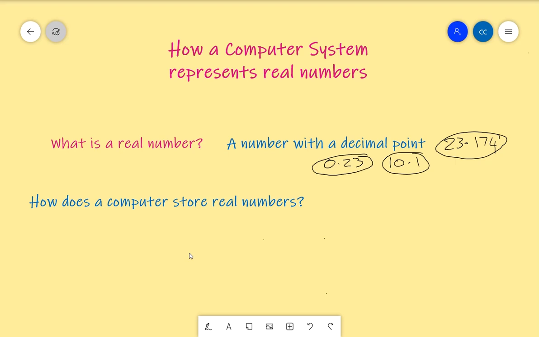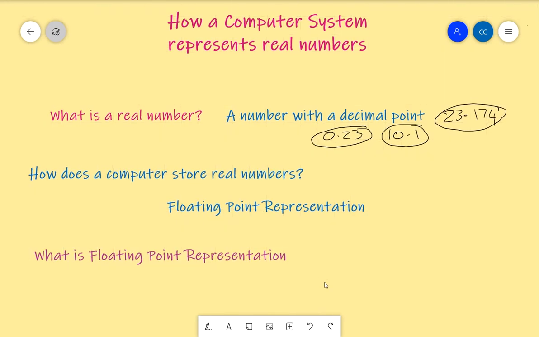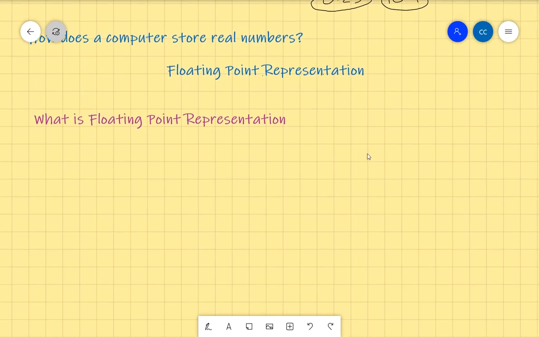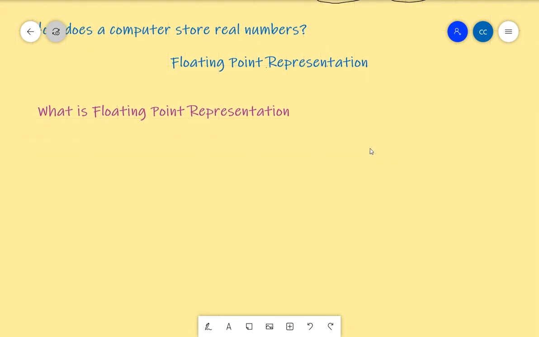So how does a computer store a number which has a decimal point? It has to use a form called floating point representation. So what is floating point representation then? It's a way of storing a real number in a computer system by removing the decimal point.